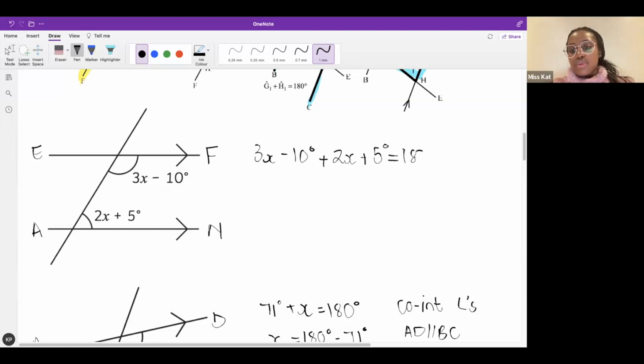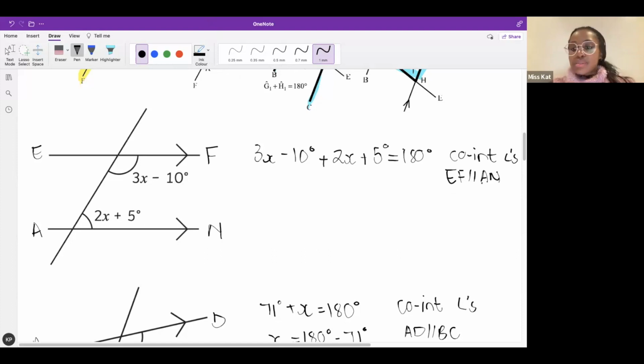Beautiful. Our reason? Because they're co-interior angles. Is that the whole reason? Siya? And because EF is parallel to AN. Beautiful. EF is parallel to AN.